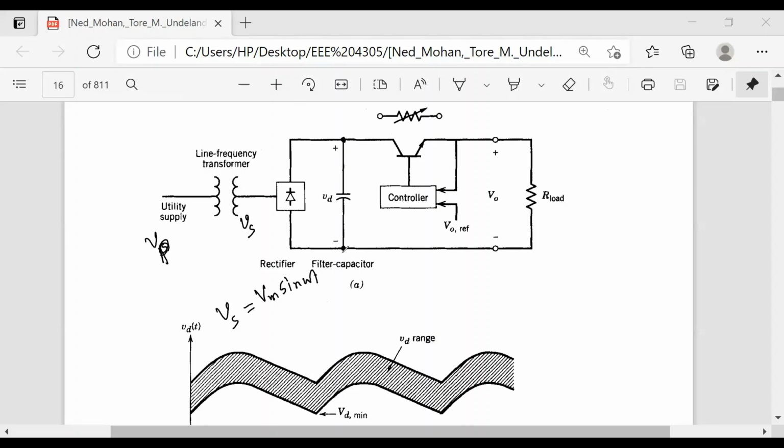Then I'm asking you what will be the average value of this one, Vdc. What will be the expression of this one?